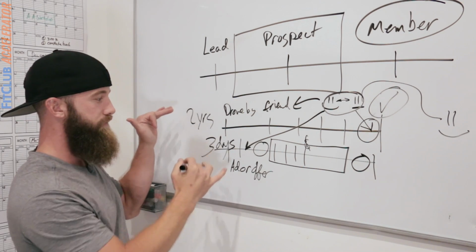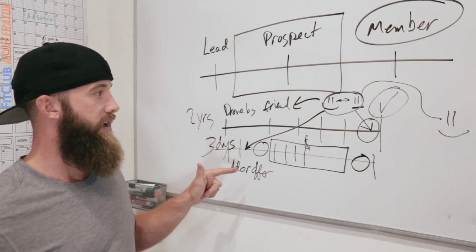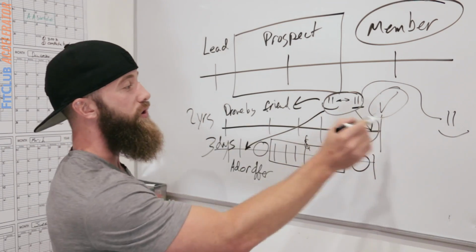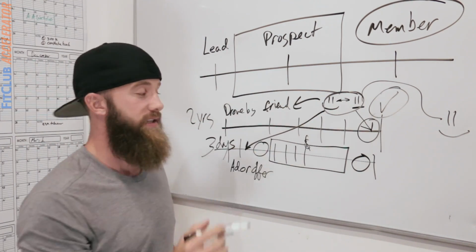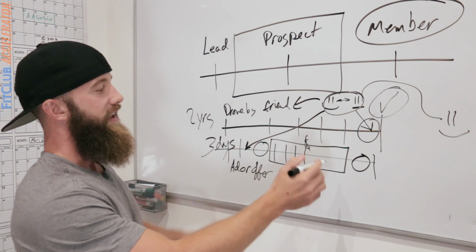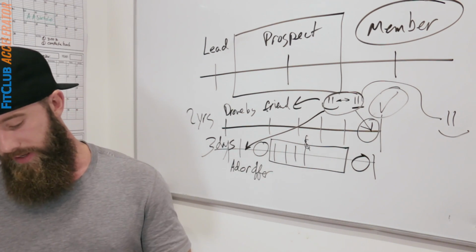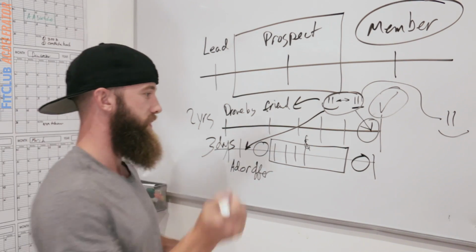Big difference. So when you're getting these people in from driven sources by putting an offer out there and short-circuiting this whole 2-year process, you got to understand that this step right here, this little box, okay, let's get another color so it's not too confusing.